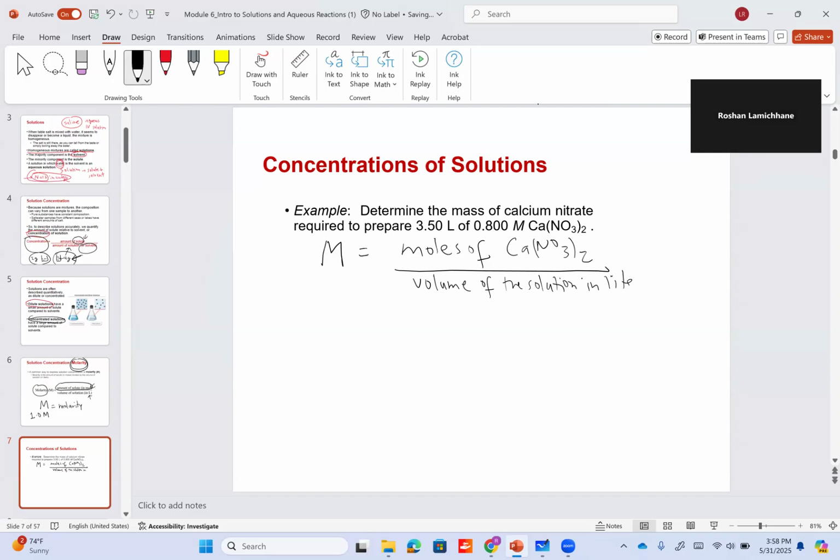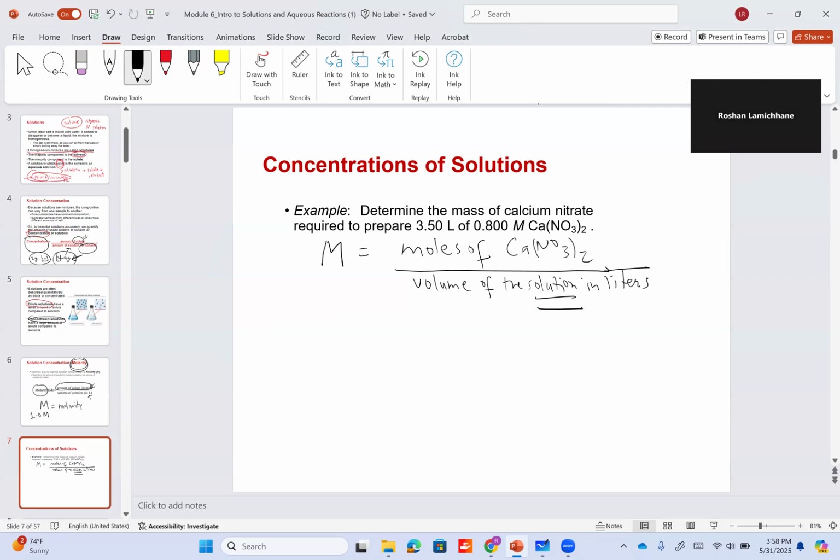And remember, how do I create this solution? Basically, I take that calcium nitrate and dissolve it in water. That's the solution we're talking about, which contains water as the solvent and calcium nitrate as the salt. So the total volume that you create is what we're interested in for our denominator.